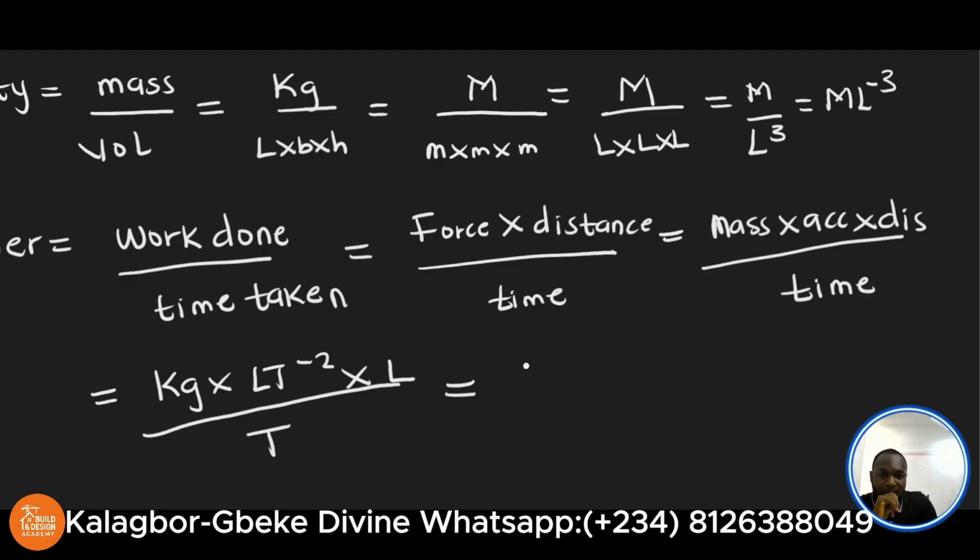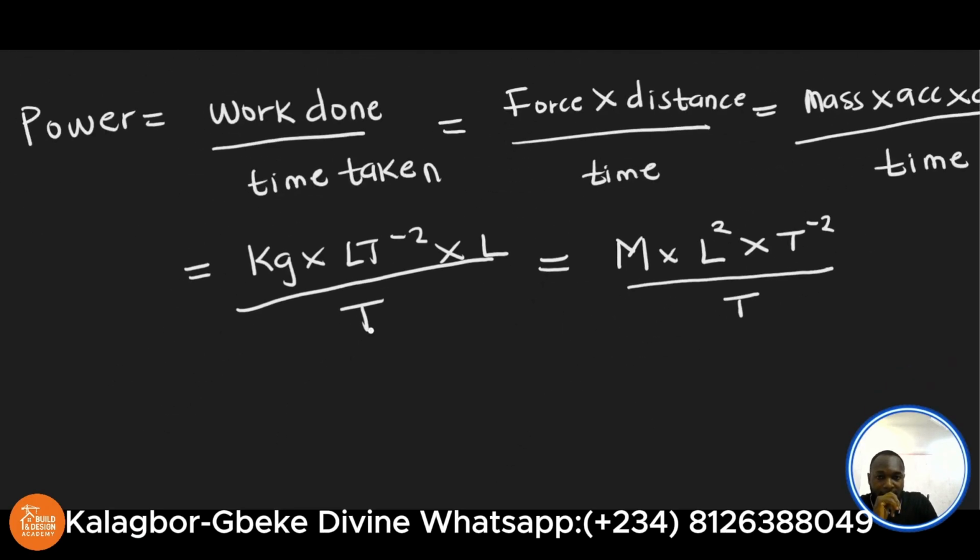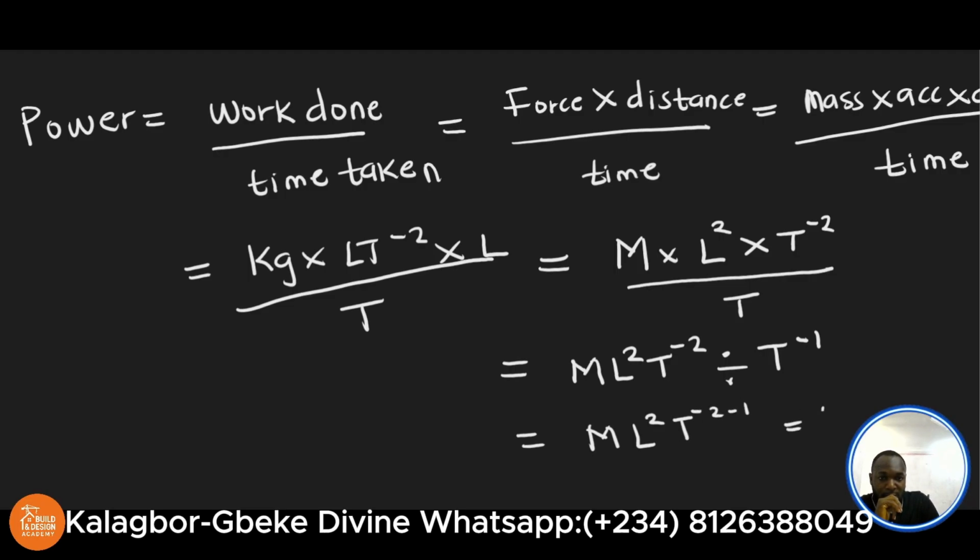So we'll now have kilogram, which is the same thing as mass, represented as M, times L. L times L will give us L square, times T raised to the power minus 2, all over T. So we'll now have power equal to M L square T raised to the power minus 2 divided by T raised to the power minus 1, which will now give us M L square T raised to the power minus 2 minus 1, which is equal to M L square T raised to the power minus 3.